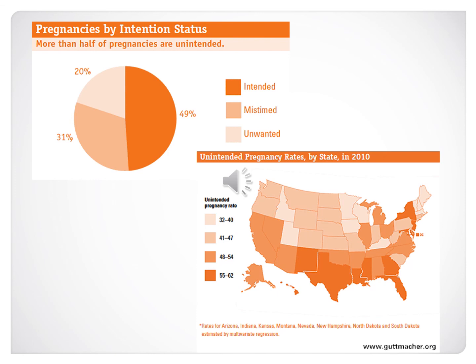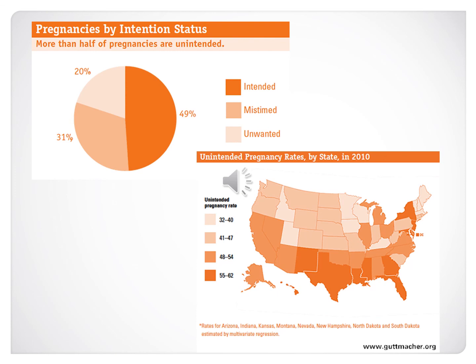And as you can see in these two graphs, there is a large percentage, over half, of the pregnancies in the U.S. that are unintended. And when I say unintended, that includes mistimed or unwanted.